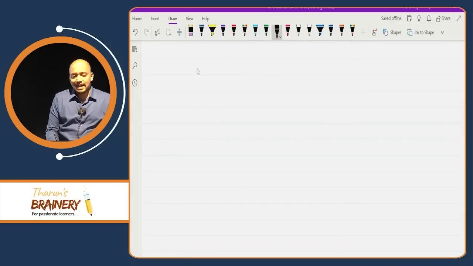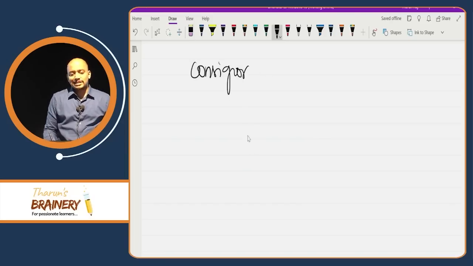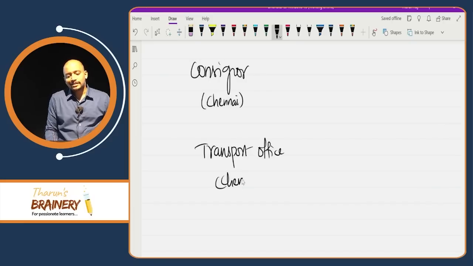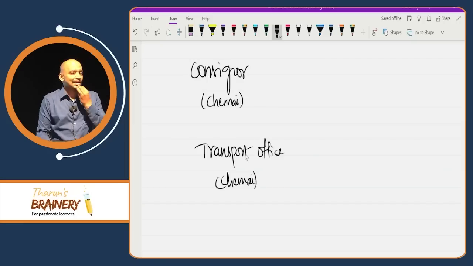First, there is a consignor. Where is that consignor? That consignor is located in, say, Chennai. The consignor is located in Chennai, and transport office is also in Chennai.